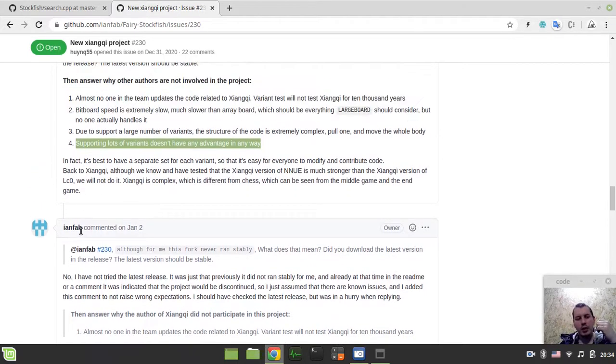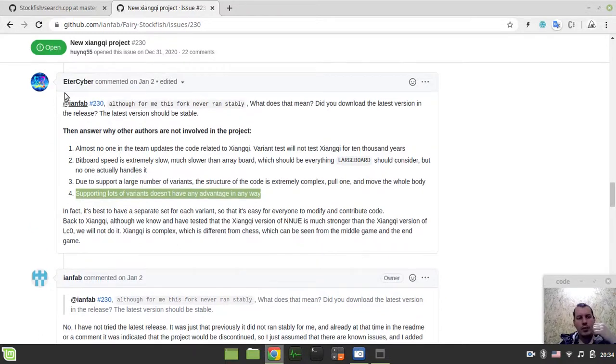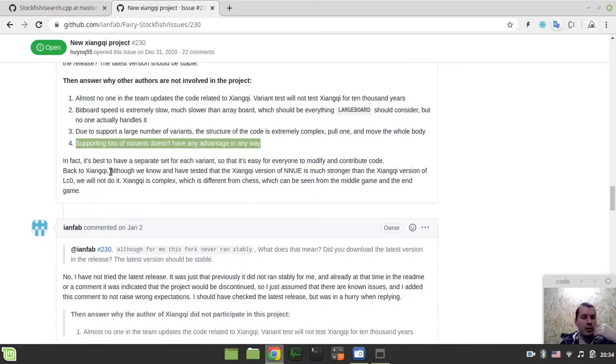And the response by Fabian is really interesting. So let's just get done with Howley's opinion at this point. So in fact, it's best to have a separate set for each variant so that it's easy for everyone to modify and contribute to the code.